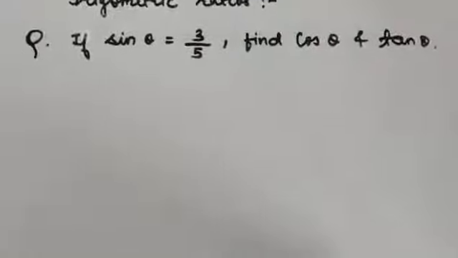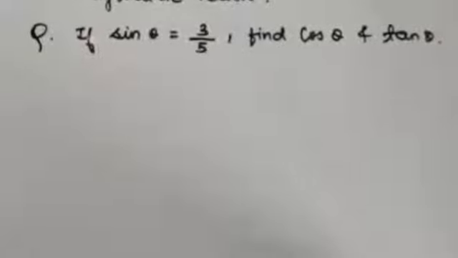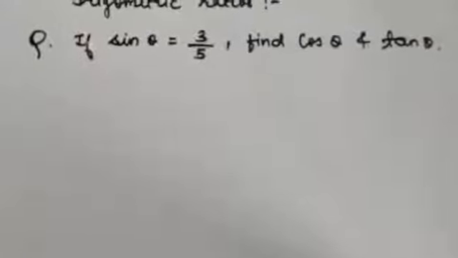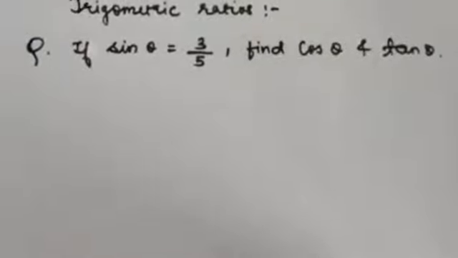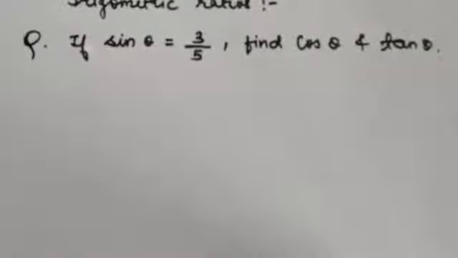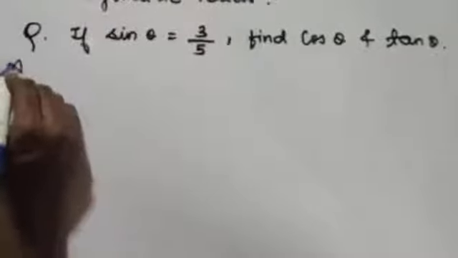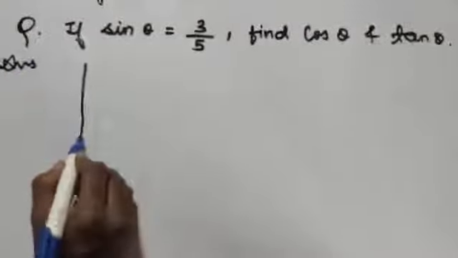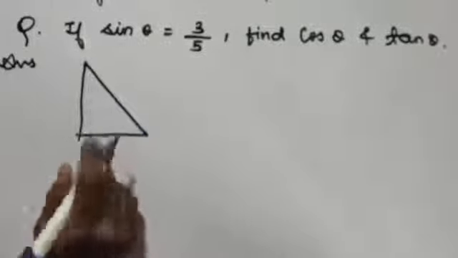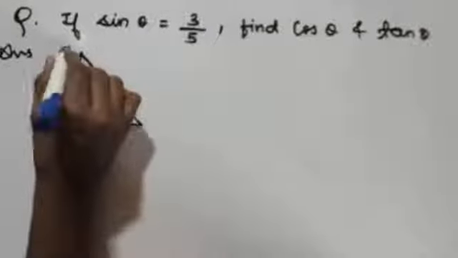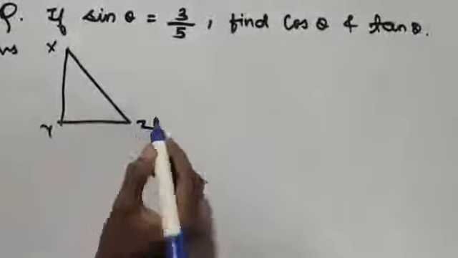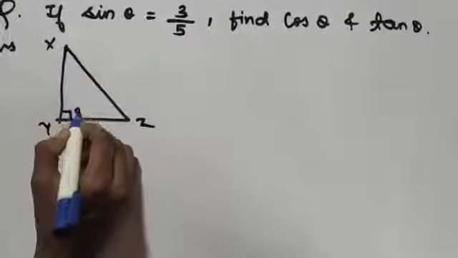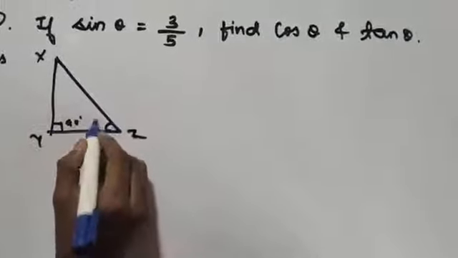Students, let us confirm our understanding by taking an example. So the question is, if sine theta is equal to 3 upon 5, we have to find cos theta and tan theta. So let's draw a figure, a right angle triangle. Let's call it XYZ. Angle Y is 90 degrees. Okay, angle Z is theta.